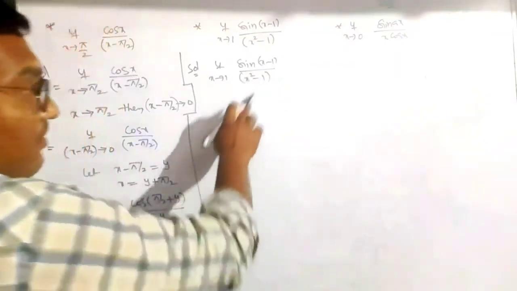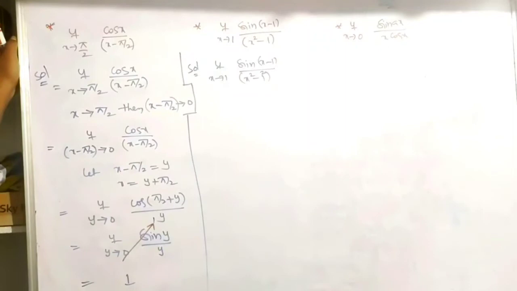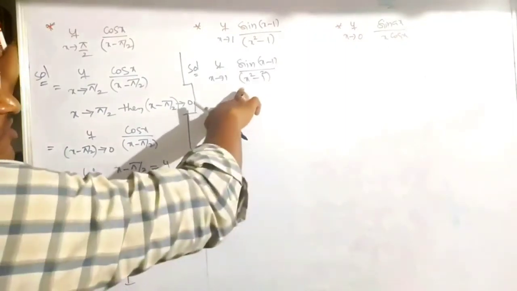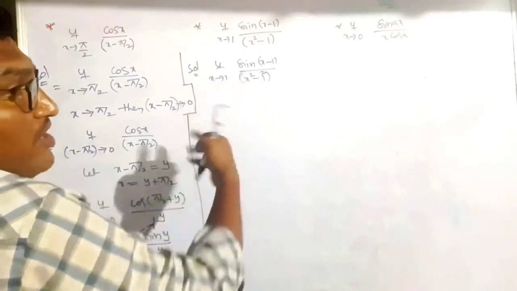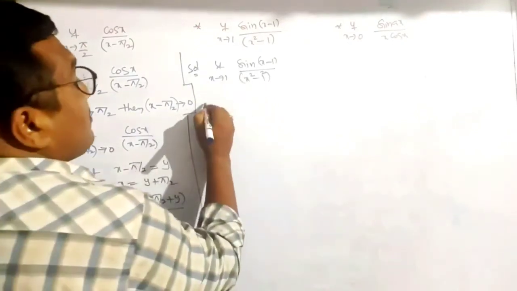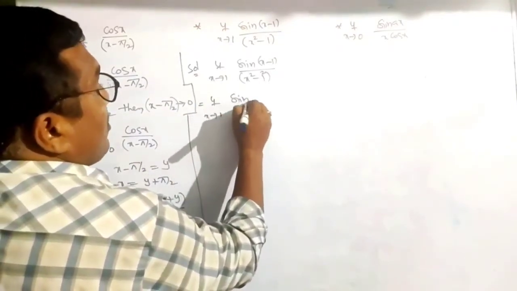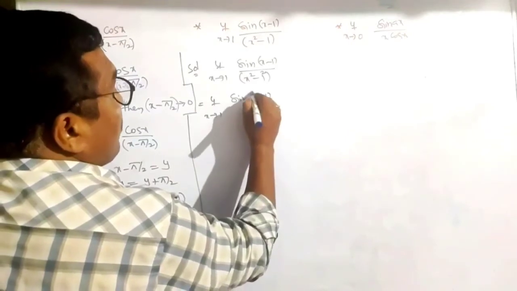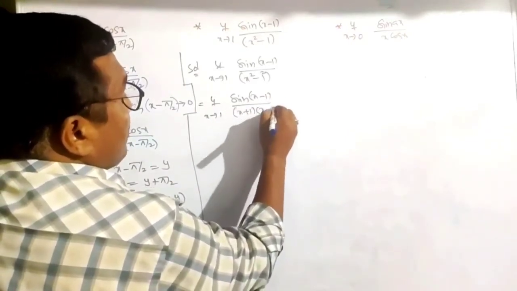You can write the 1 as 1 square, because 1 square is always 1 only. Therefore now we apply the formula a square minus b square, which means a plus b into a minus b. Therefore it is limit x tending to 1 of sin of x minus 1 by x plus 1 into x minus 1.